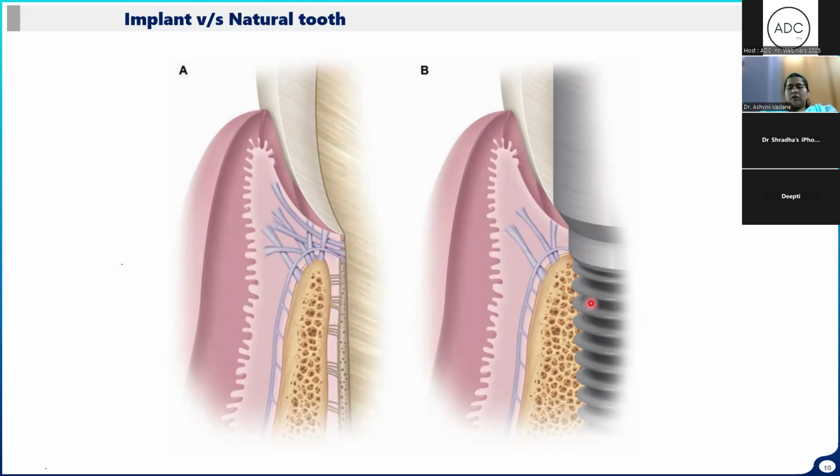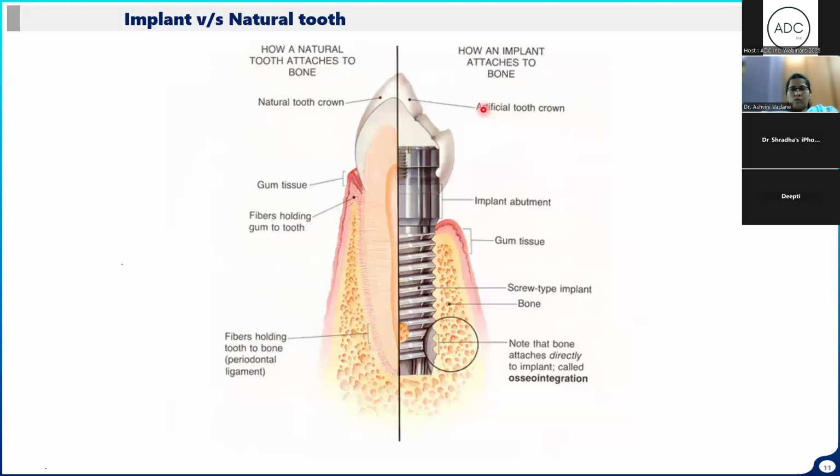But in the second picture, there are no ligaments over here. The bone is fused to the dental implant by the process of osseointegration. So this is the difference between the implant and natural tooth. Again, this is also a beautiful picture about the difference between natural tooth and implant. We have already seen this.